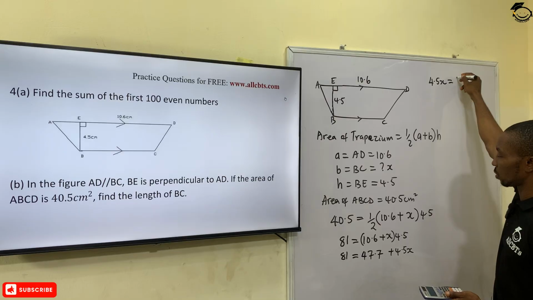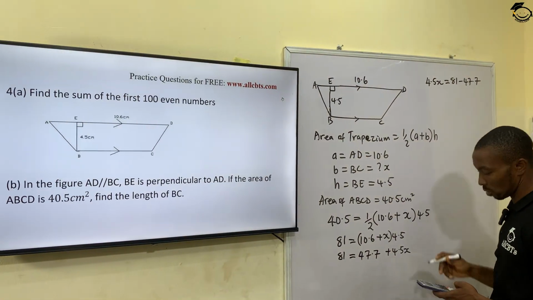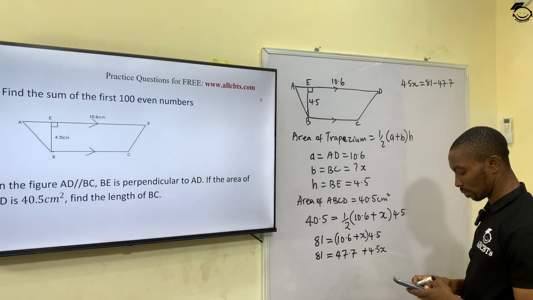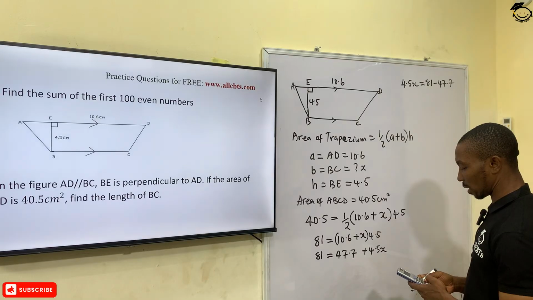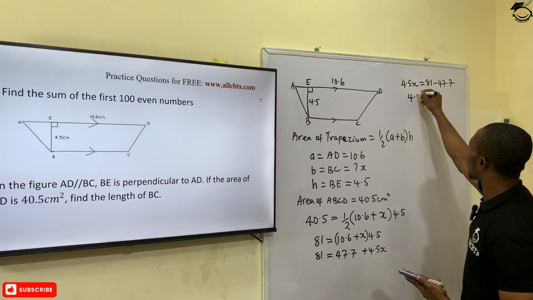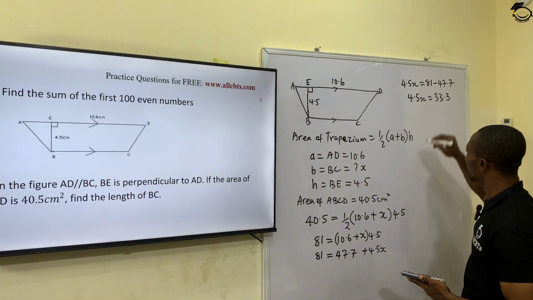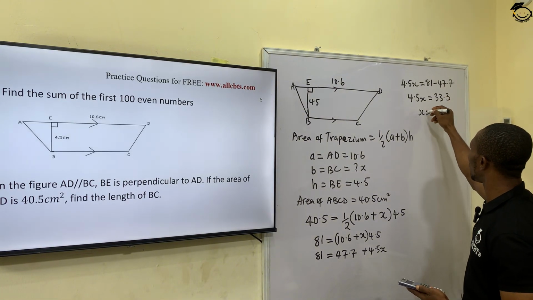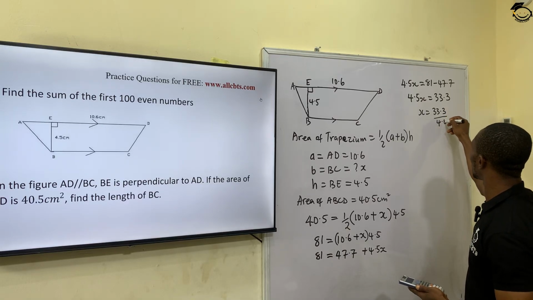4.5x equals 81 minus 47.7. So 81 minus 47.7, we would have it as 4.5x equals 33.3. So our x will be 33.3 divided by 4.5.